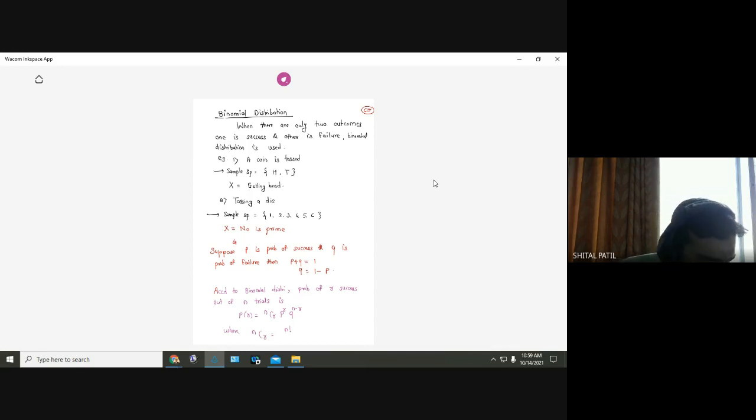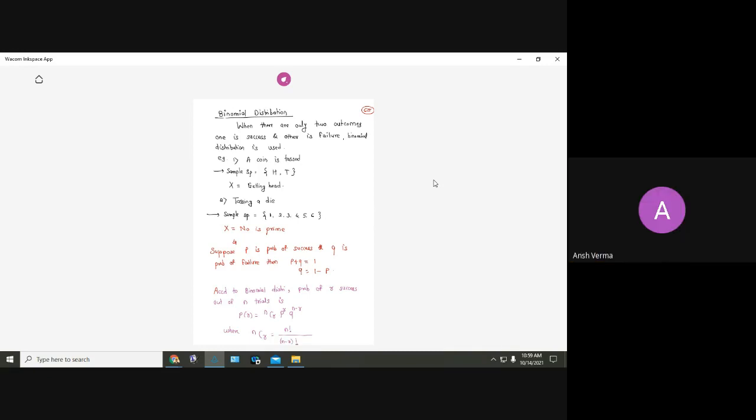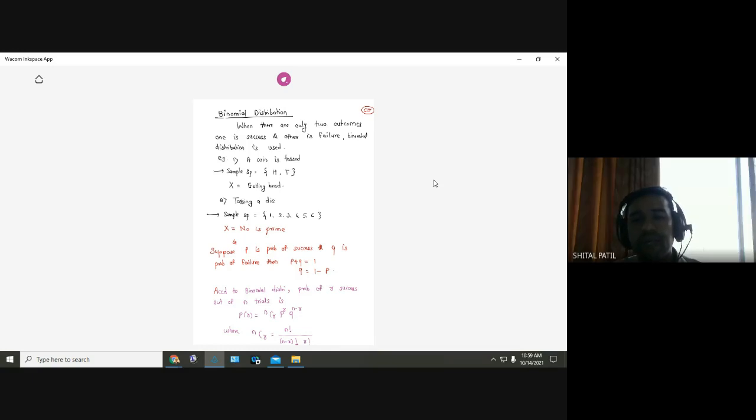n factorial. What is this nCr? n factorial divided by... Anyone remember? Does anyone remember what n factorial is? nCr is n factorial divided by n minus r factorial into r factorial.